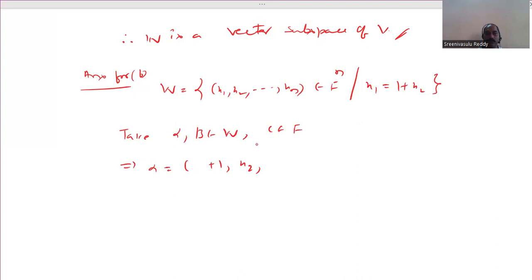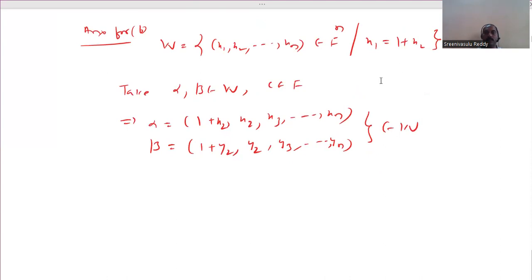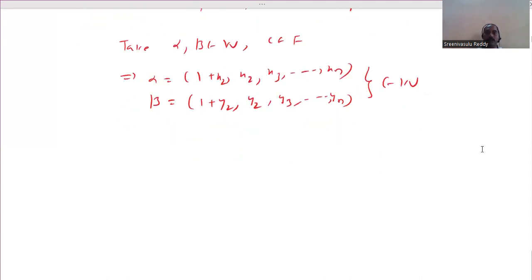If you have doubt, write down first x1, then x2, x3, and so on. Similarly, beta equals 1 plus y2, y2, y3, and so on, because every vector in W is in the form: first component equal to 1 plus second component.